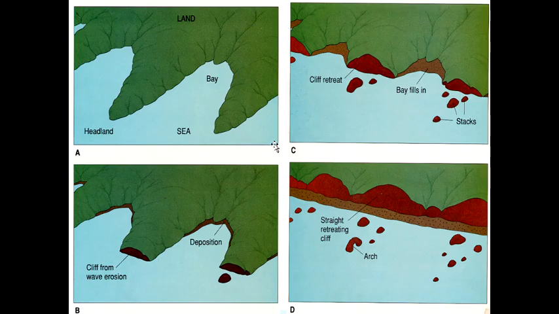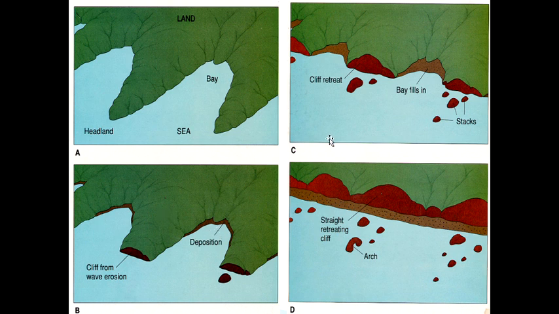If we look at a cartoon of the time evolution of these things, you see that you have big headlands sticking out like so in figure A. In figure B, this intensification of the headlands is causing headland erosion. At the same time, it causes deposition in the bays between.